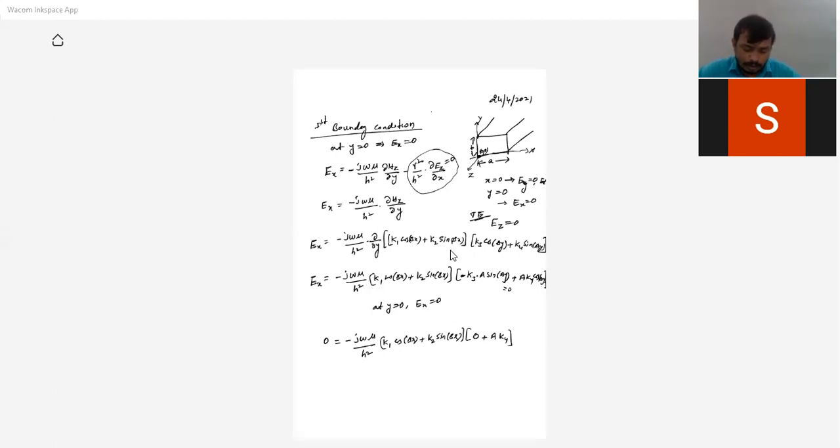So now, this is a non-zero value, but the product is 0. This is a non-zero value. The product is 0. So therefore, you can write K4 is equal to 0.